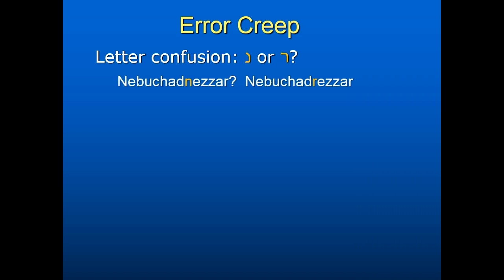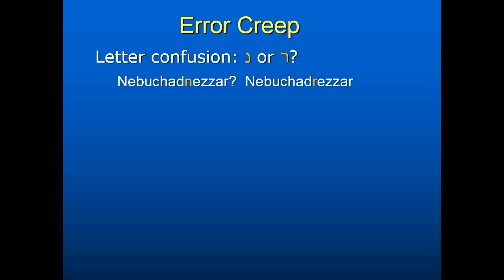That's how we all learned to spell his name, right? But we know from other records that the proper spelling was with an R, Nebuchadrezzar. Picture a scribe with a headache, and his stylus slips a little on the Hebrew R, making a slight bottom horizontal mark. Suddenly, it's an N.